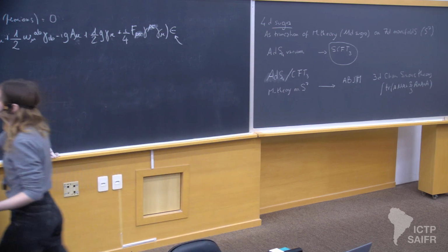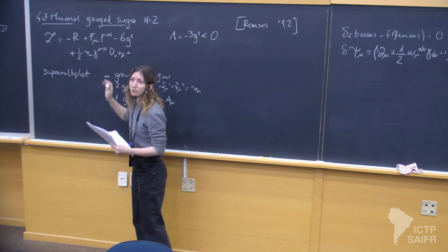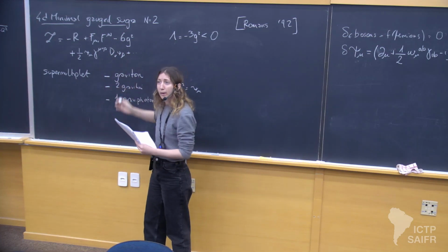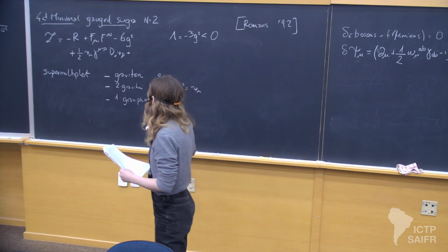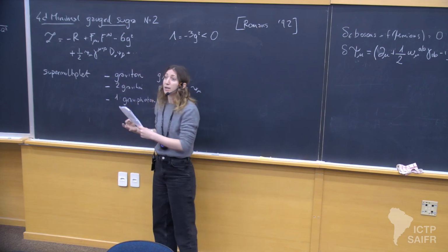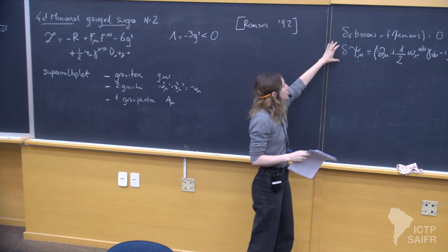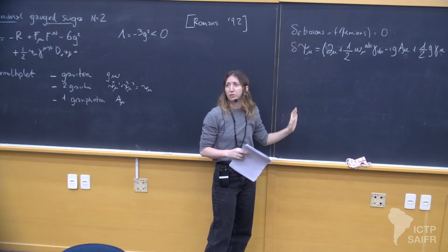There will be other pieces of the Lagrangian and so on that I didn't write here. I'm just solving things at the classical level. I'm solving the Einstein equation, and I supplement it with this additional property, which tells you that your solution preserves some supersymmetry.